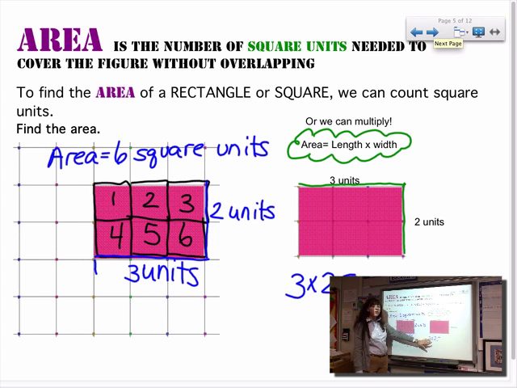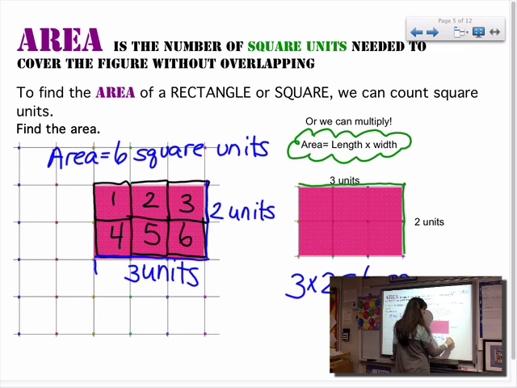So if I felt comfortable skip counting in my mind, I might say 3 times 2. Okay, I'm going to skip count by 3's 2 times. 3, 6. So I know that 3 times 2 is 6 square units.